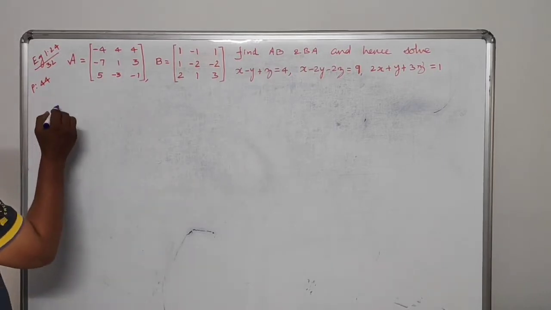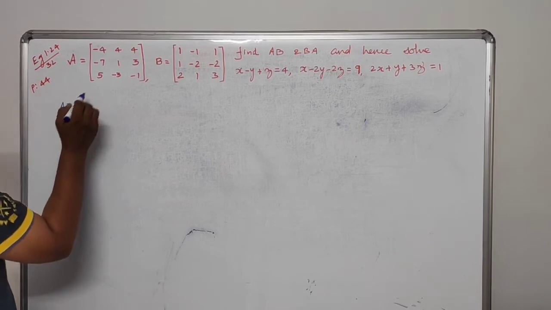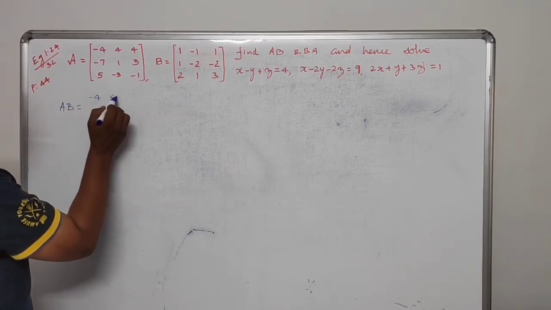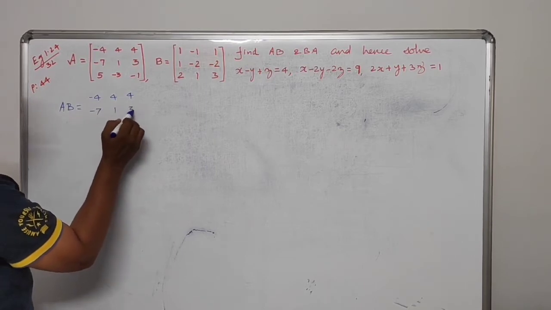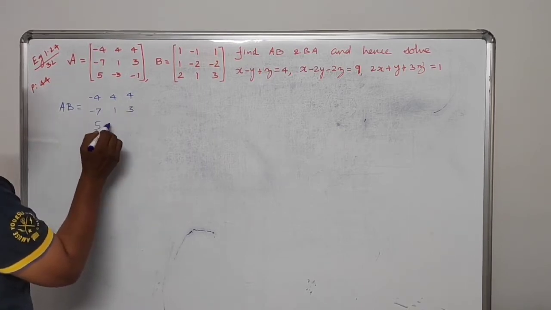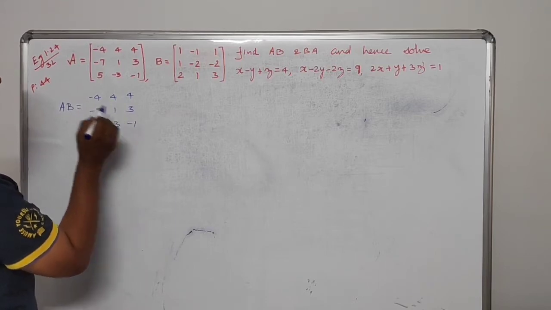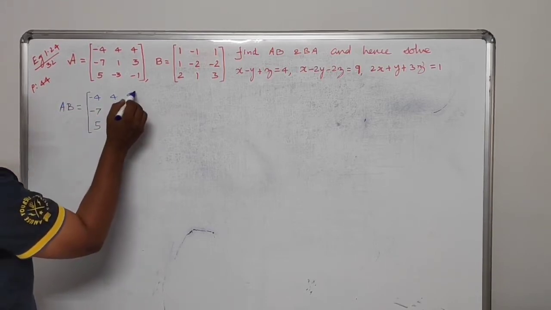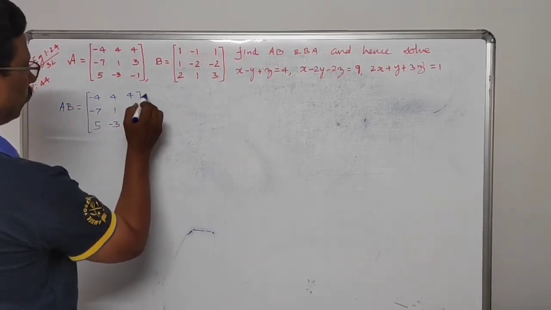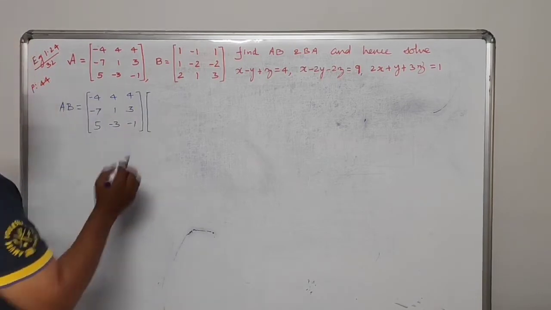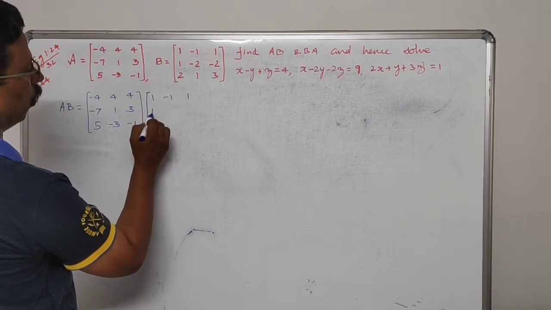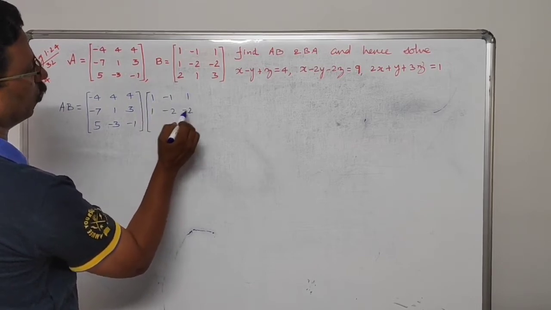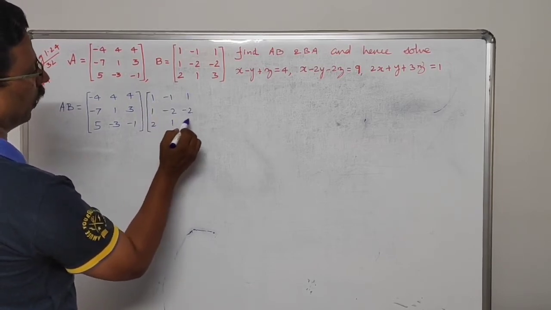Now we can find the product AB. AB means you have to multiply A, which is minus 4, 4, 4; minus 7, 1, 3; 5, minus 3, minus 1, with B, which is 1, minus 1, 1; 1, minus 2, minus 2; 2, 1, 3.